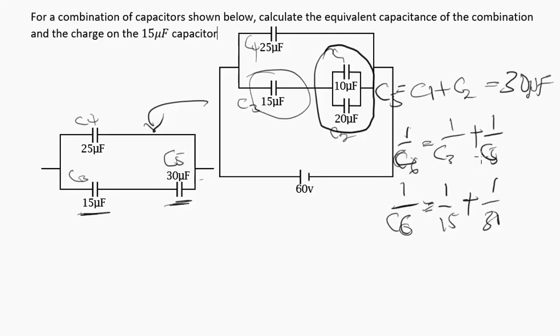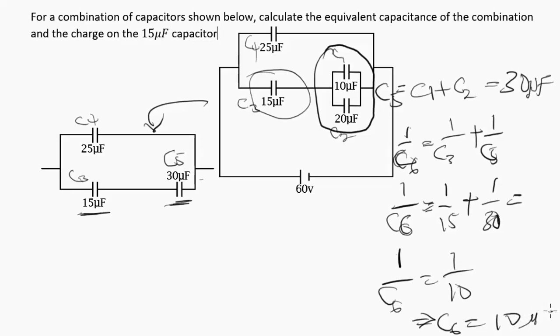Let's check this with our calculator. We have 1 over C6 is equal to, so C6 is 10 microfarads. Alright, since the combination of these gives us 10 microfarads, we'll have a diagram like this.